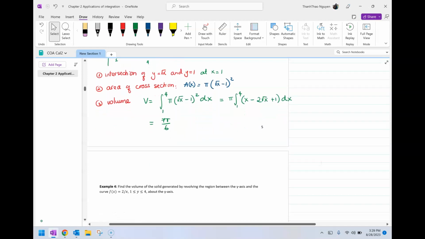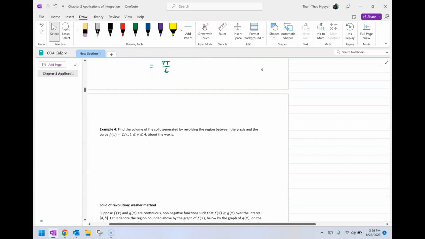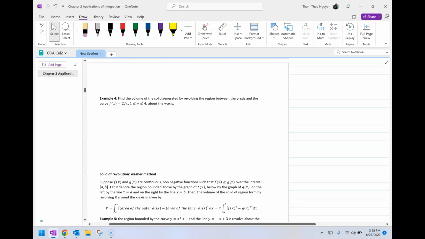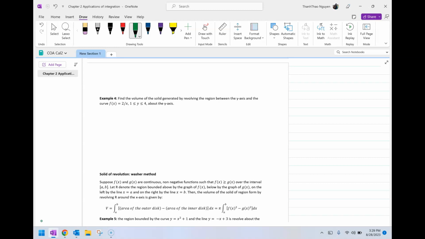Next example. Find the volume of the solid generated by revolving the region bounded between the y-axis and the curve f of x equal 2 over x, where y is between 1 and 4, about the y-axis. Okay, so let's draw this.